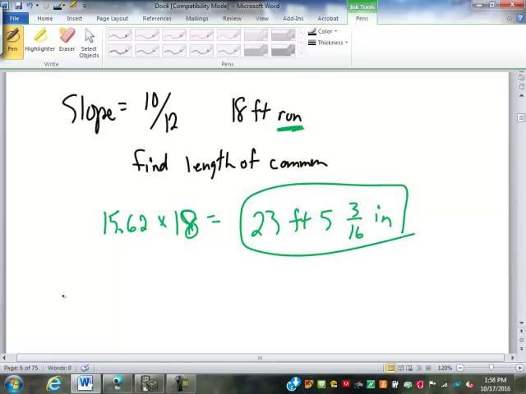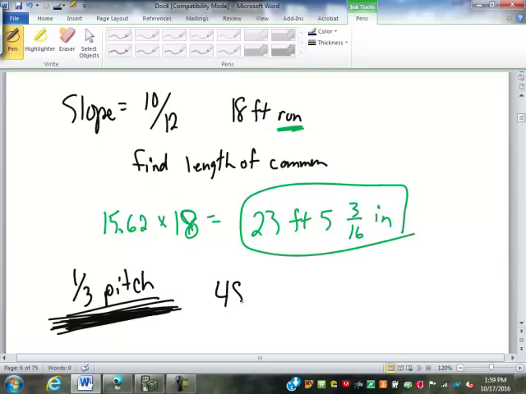Give you one more shot here. Just a little hint. A 1/3 pitch, 48-foot span.